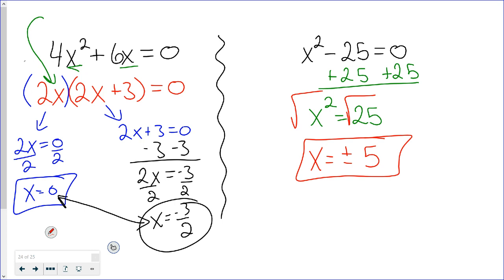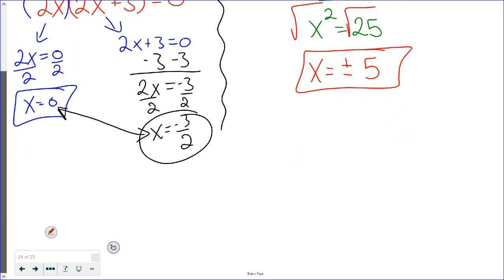Great. Very cool. Now, remember, if you had, let's say, the square root of 40 there, the square root of 40 isn't terribly nice, and you need to break it down.